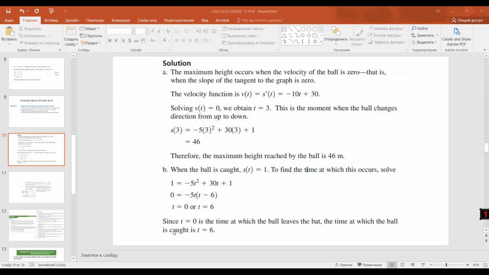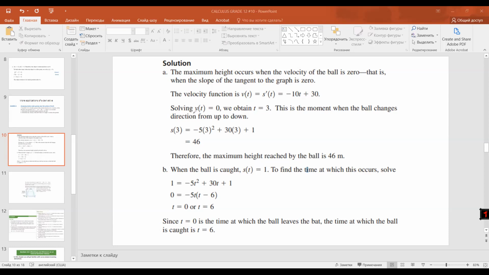How do we know t equals 0? We don't know t equals 0. Solving v(t) equals 0, we obtain t equals 3. Oh, 3, sorry. How do we know that?